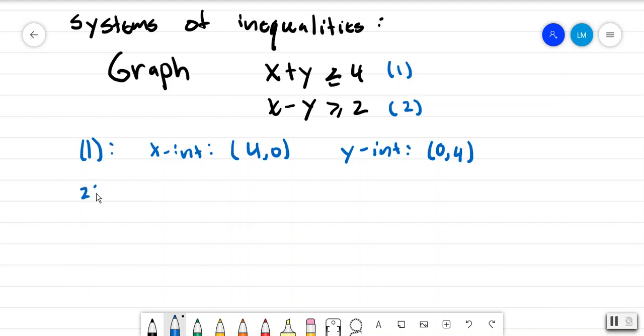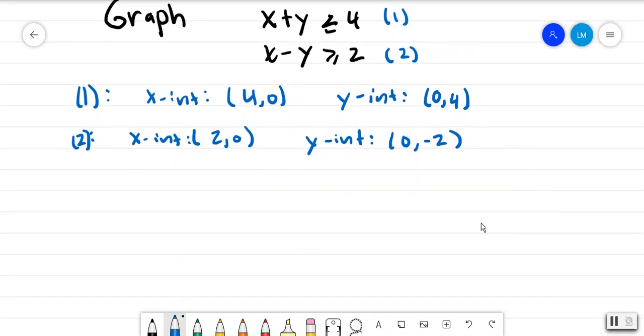Furthermore, I know that with the second inequality, the x-intercept is 2, comma 0, and the y-intercept is 0, comma negative 2. In this case, all that we need to do is graph these inequalities. So we'll go ahead and graph these inequalities as follows.